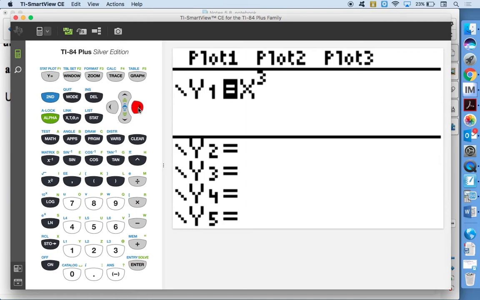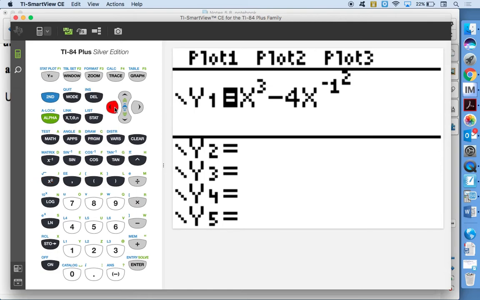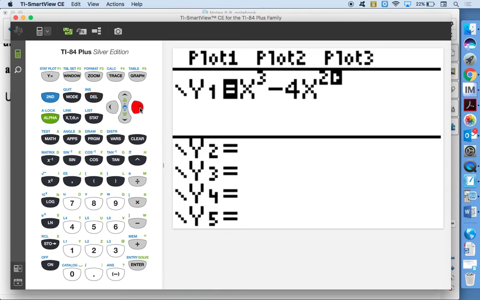And then we have minus 4x squared, and then it says plus 6.